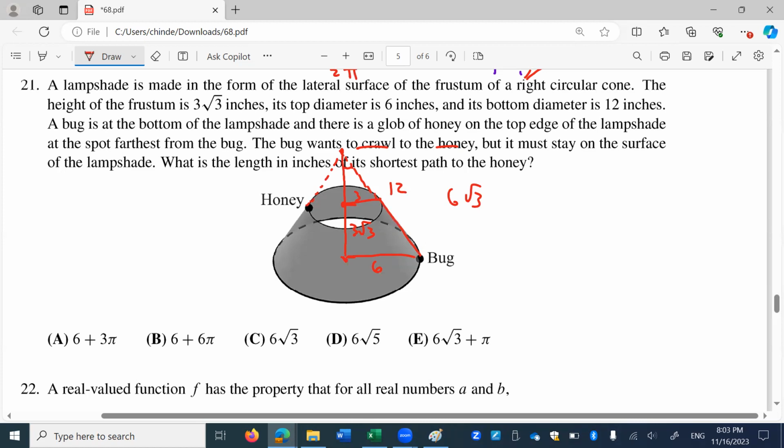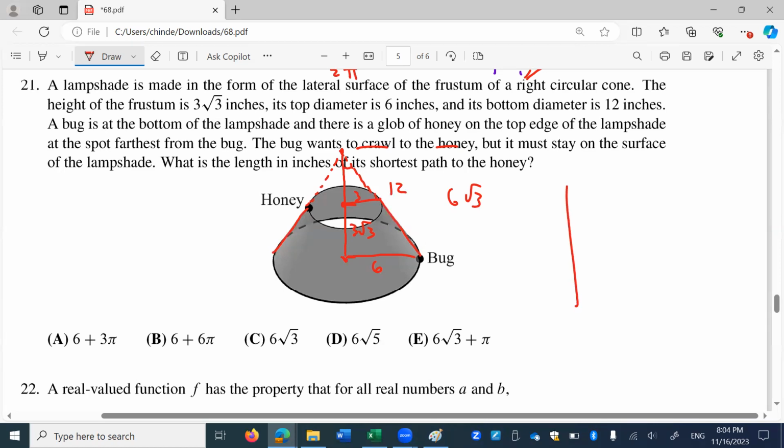So what we're going to do to find the shortest distance is slice this surface and then flatten it out. If it was a whole cone, then it would be a wedge of a circle, but now it's going to be like a part of a donut, right?